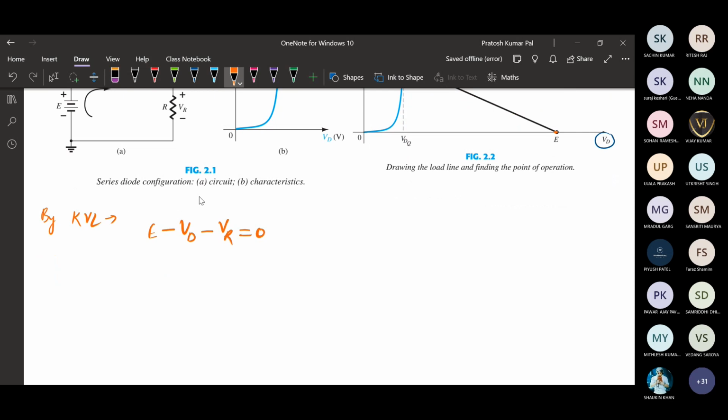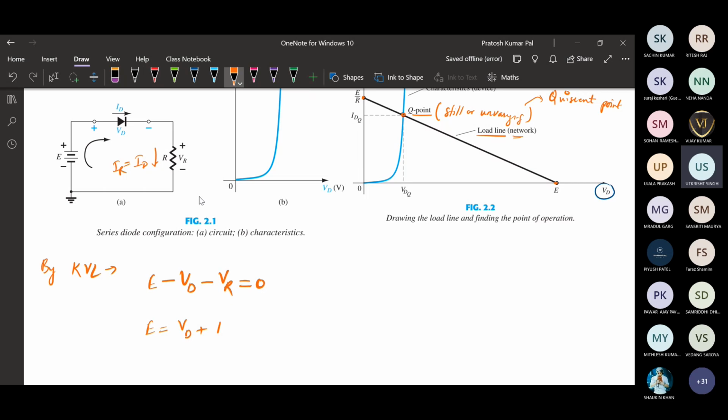So this is the case. Here, if we apply it, E is equal to VD plus VR. This VR is basically the current flowing through the resistor multiplied by the resistor. So this ID is equal to IR. The same current is flowing through the resistor also.